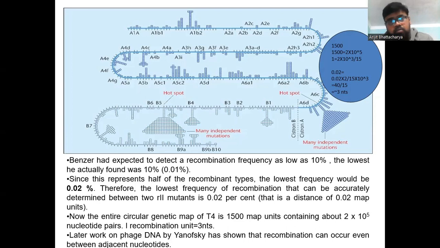But imagine the elegance of the experiment, that with this kind of setup, with the least technological assistance like DNA sequencing, they were able to map the minimum distance required for recombination as low as 3 nucleotides, which is quite close to the actual distance, which is 1 nucleotide.